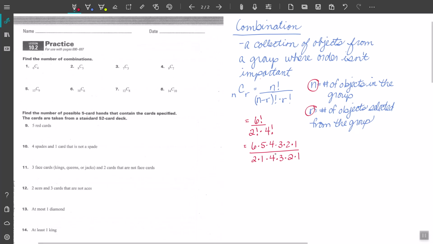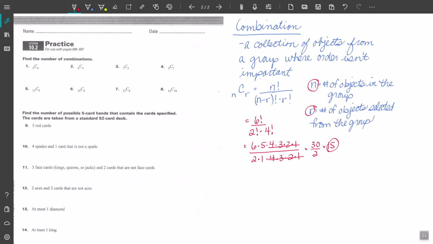And you can see right away that we're able to cancel all of these numbers with all of these numbers here, because we've got just multiplication in both the numerator and the denominator, so we can just reduce like this. So in the numerator, we end up with 30, denominator 2, for a total of 15 combinations.